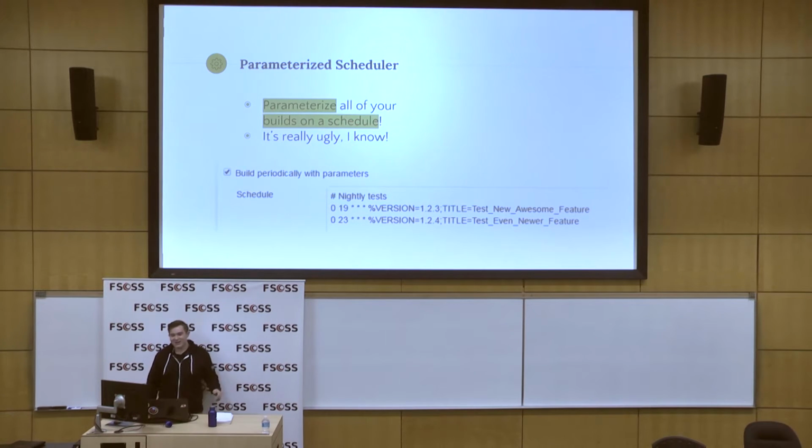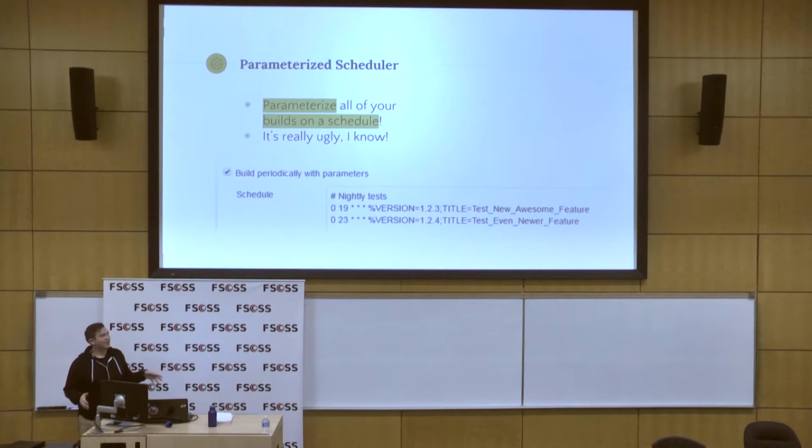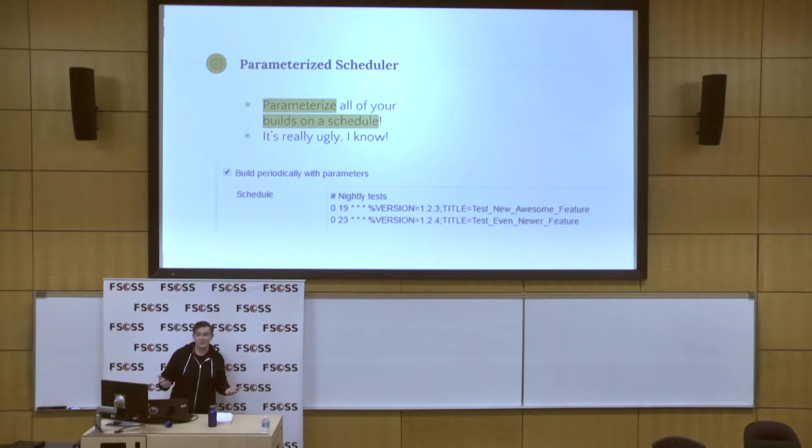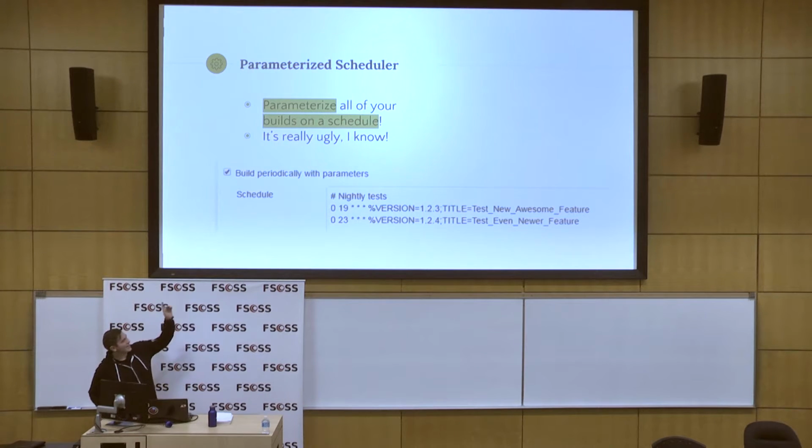Another one that I use a lot is the parameterized scheduler. It lets you create schedules for your Jenkins jobs that accept parameters when calling them. The original scheduler plugin only takes a time to start it, but this lets you put in parameters so you can control it. And I know the syntax is really ugly. That's just an artifact of it being cron syntax.